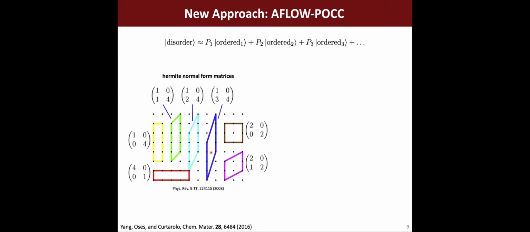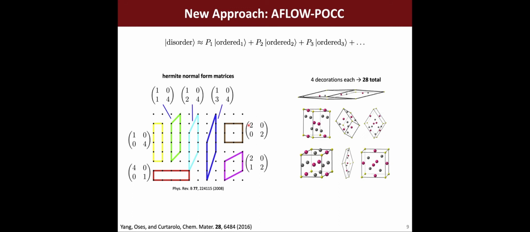So this box here, the brown, was the supercell I showed you earlier, where you can imagine one box being the primitive structure. But you can make supercells that are very skewed and diagonal, and they're going to give me different structures that I need to explore. And within each of those are the 4 different decorations. So 4 decorations each, there are 7 of these.